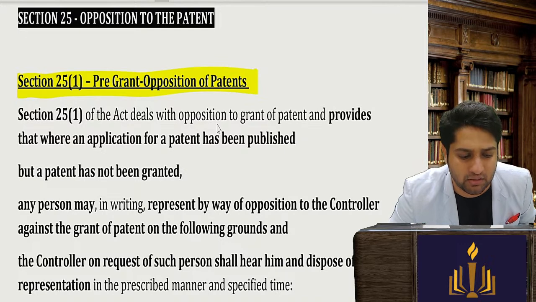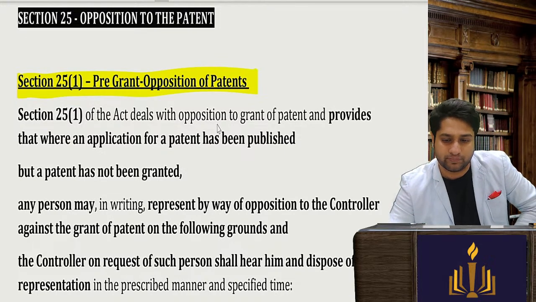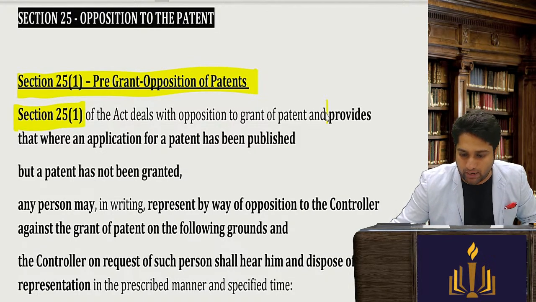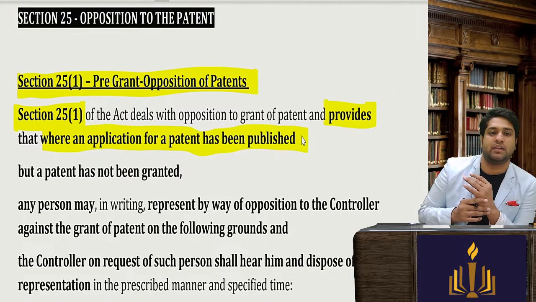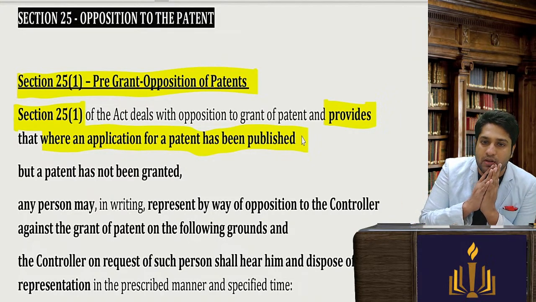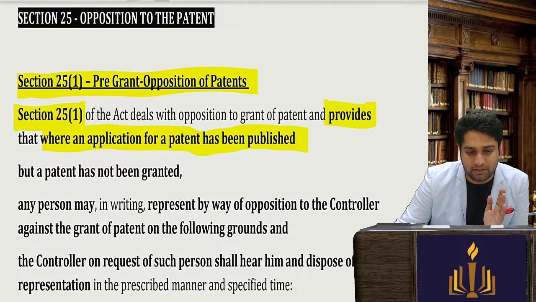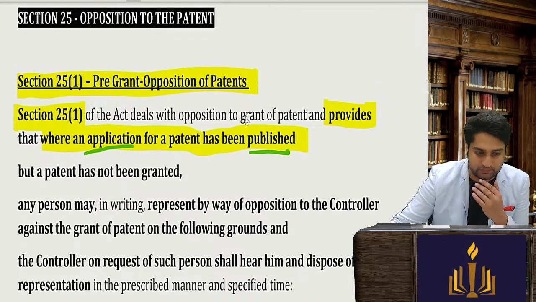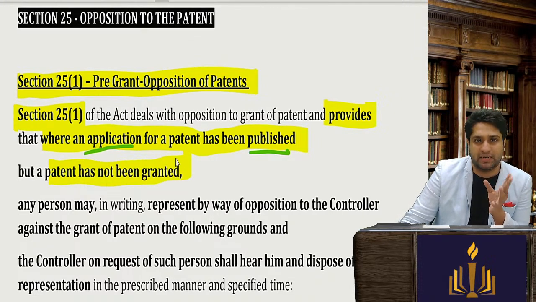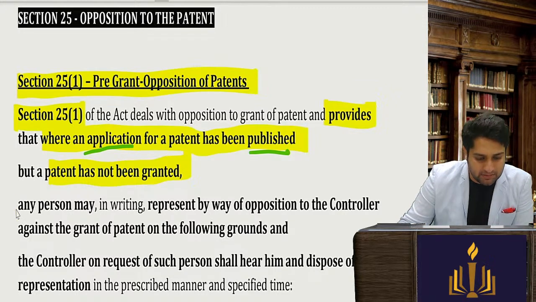Answer is no. Section 25 subsection 1 provides that where an application for a patent has been published, so what has happened is, the application has been published and the patent has not yet been granted, any person may oppose to the controller against the grant of patent on the following grounds.